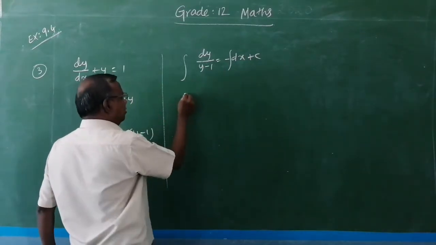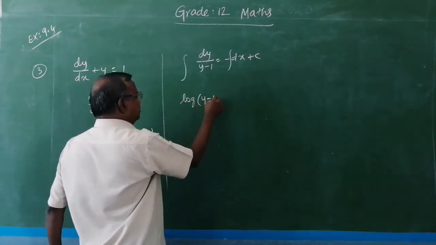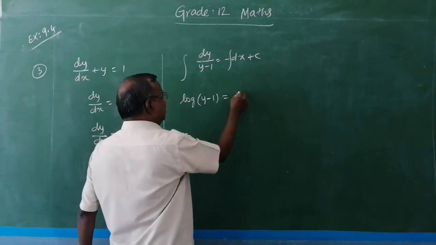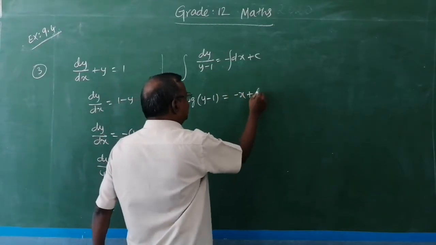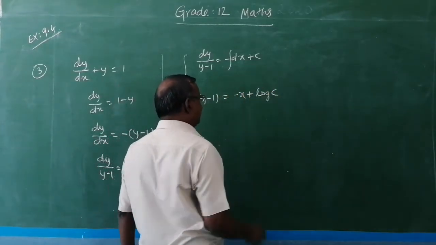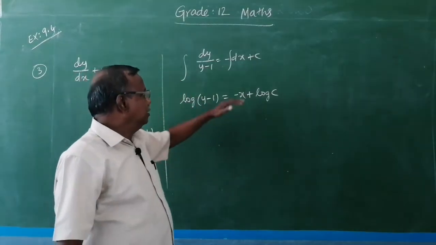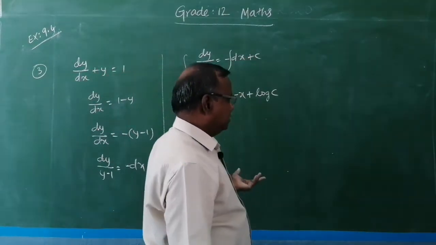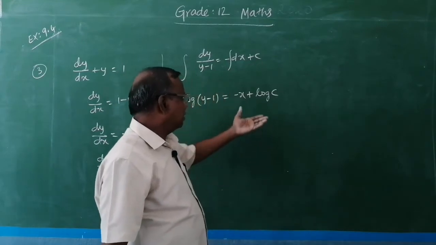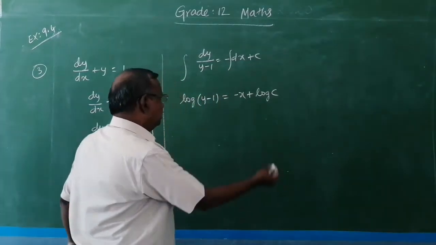This is log of y minus 1 equal to minus x plus c, and we can write c as log c. There is no wrong in it, we can write c, log c, sin c, tan c according to our convenience. So it is log c.